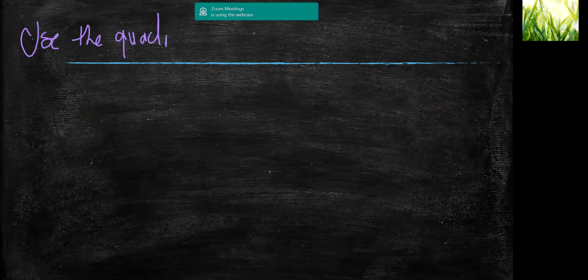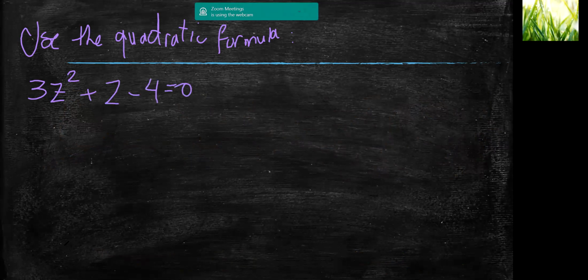Okay, now let's continue here. After we revised how to solve the quadratic equation, let's now use the quadratic formula to solve the equations here. We have 3z squared plus z minus 4 equals 0.